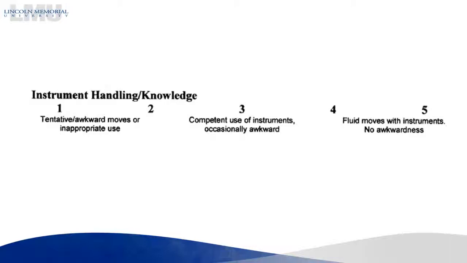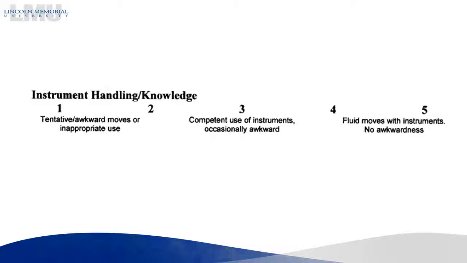The third measure in our global rating scale is instrument handling or knowledge, and so in this case we're looking at awkward use of those instruments really. And so when we have a lot of tentative or awkward moves or inappropriate use of the instruments, that's going to put us at a 1. A 3 is when we have competent use of the instruments, although we occasionally see some awkwardness creep in the way that we're handling them.